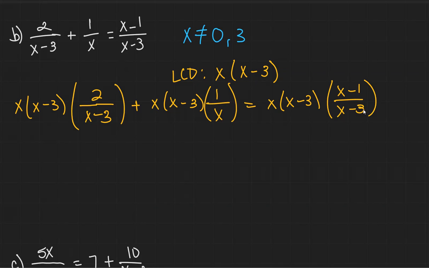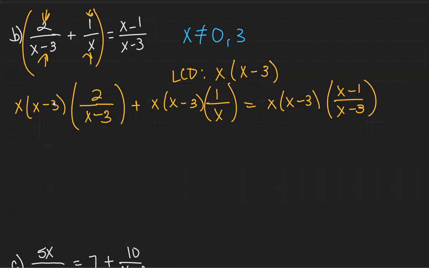Okay, so remember we multiply both sides by the least common denominator. I went ahead and skipped a step and I distributed the x times x minus 3 to both parts on the left-hand side, okay? We multiply the entire left-hand side, so that means we got to multiply each of the pieces, each of the parts that are being added.